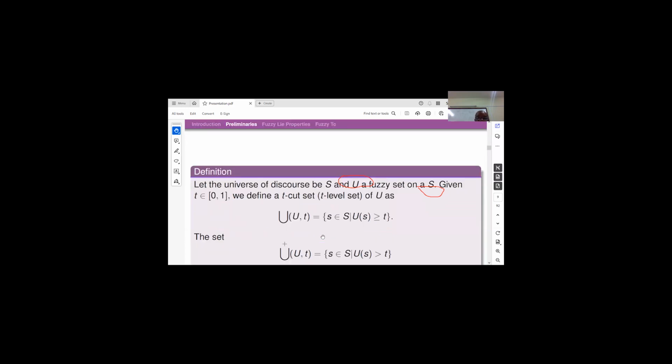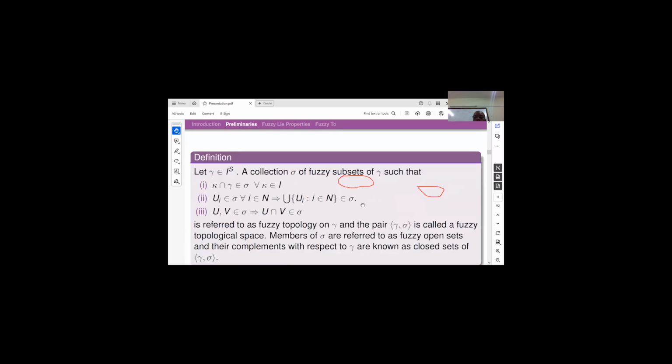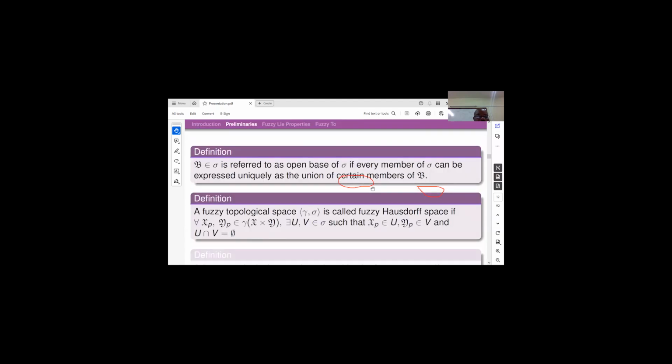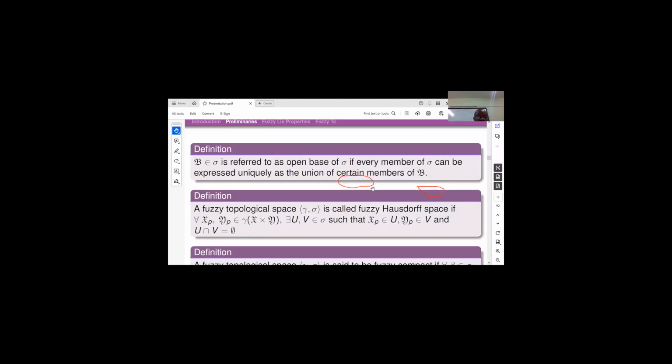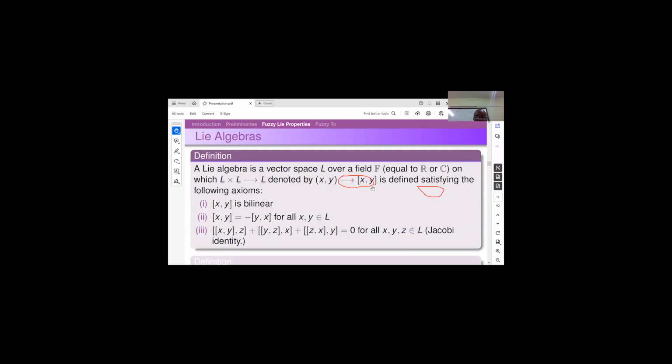These are basic operations, they are inverses. And then fuzzy vector spaces and fuzzy topologies are well known also. Maybe I should just go down, because of our time, to fuzzy topological groups. These are fuzzy topological spaces, which are well known.